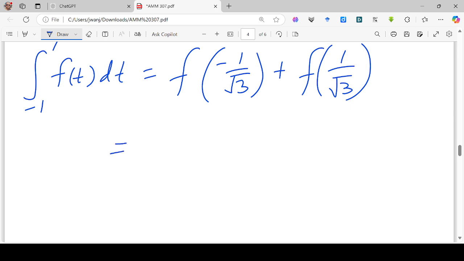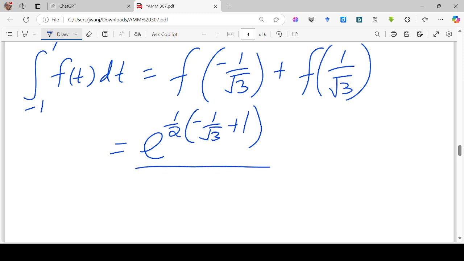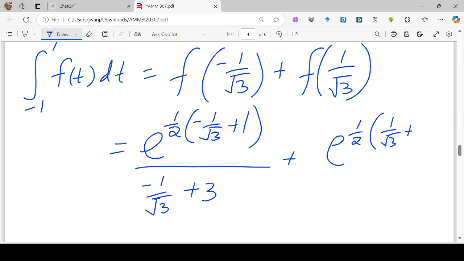So this will be e raised to power half times (-1 over root 3 plus 1) divided by (-1 over root 3 plus 3), plus e raised to power 1 over 2 times (1 over root 3 plus 1) divided by (1 over the square root of 3 plus 3).